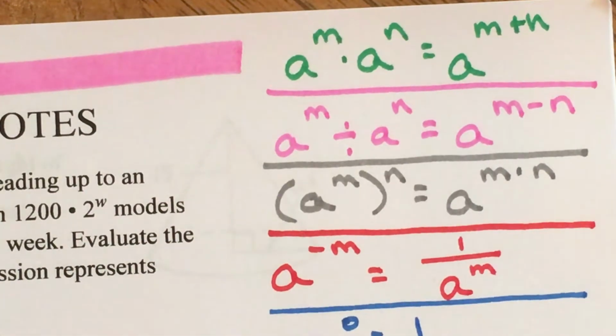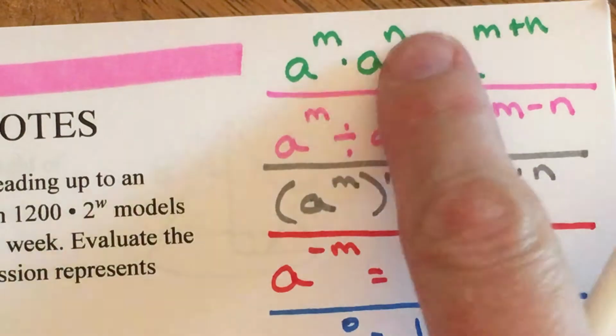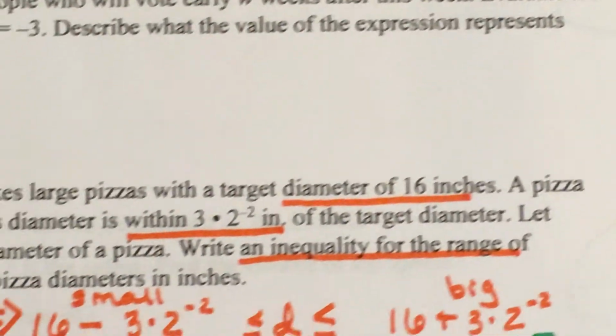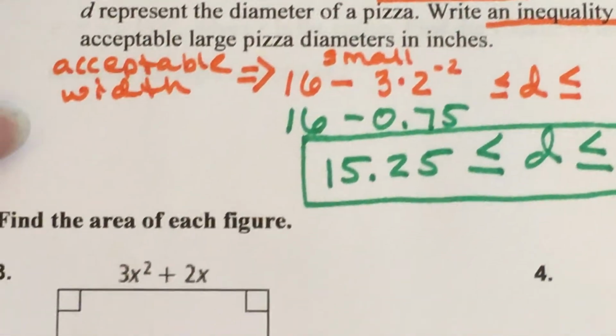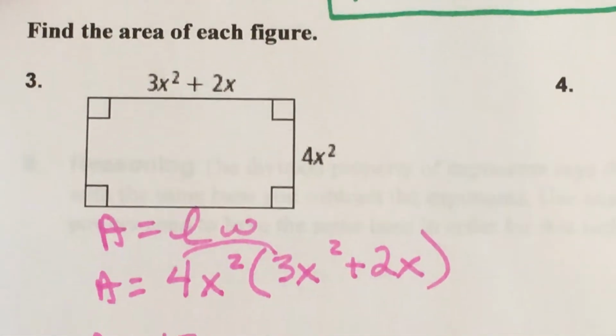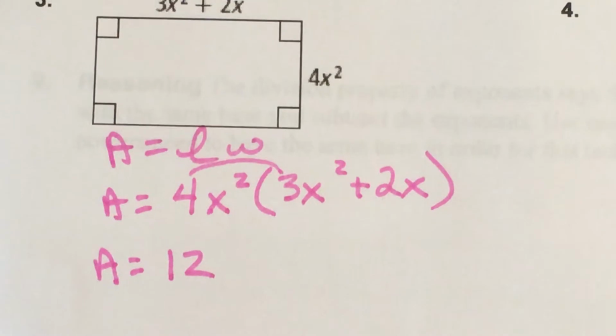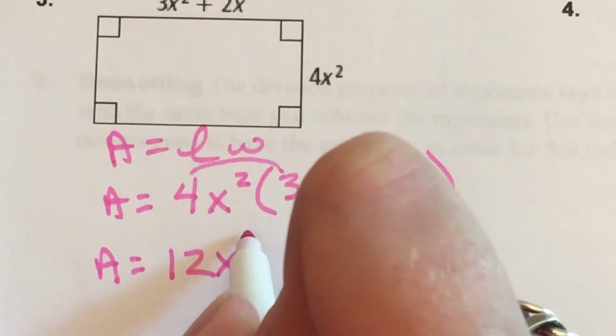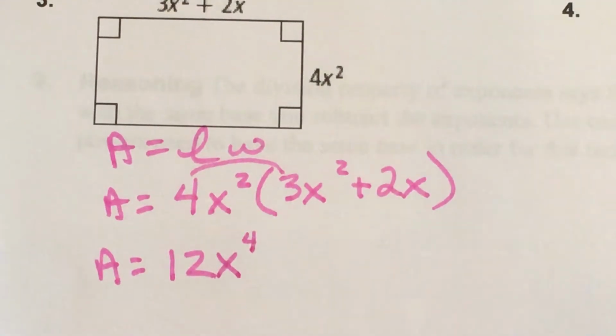That's right, add the exponents. This list is going to be super helpful for you today. So squared plus squared makes to the 4th. Great.